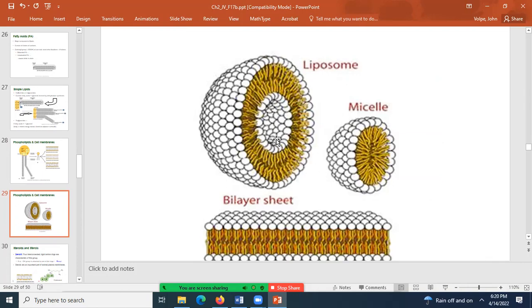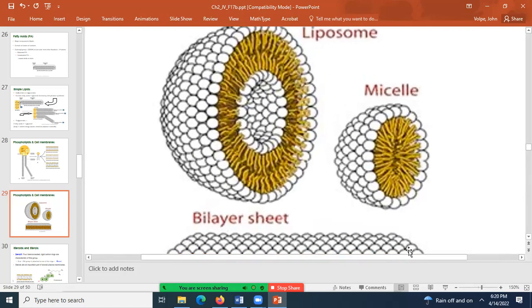This I want to talk about a little bit because this should look familiar to you. What does this look like? Cell membrane. Yeah, this looks like a cell, with this being the cell membrane.